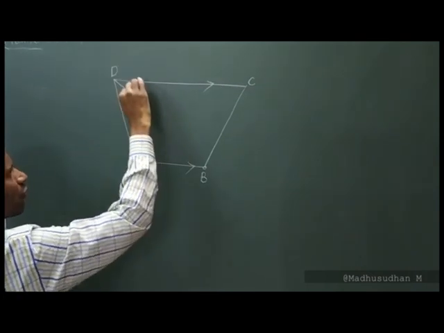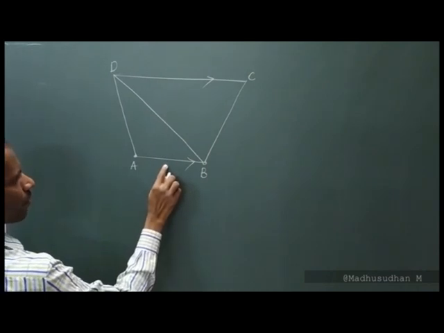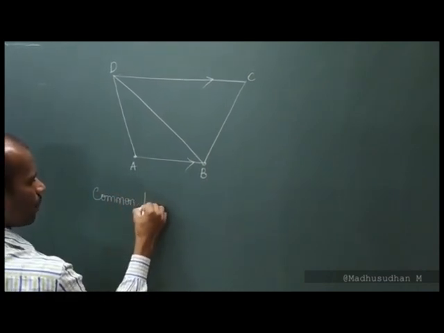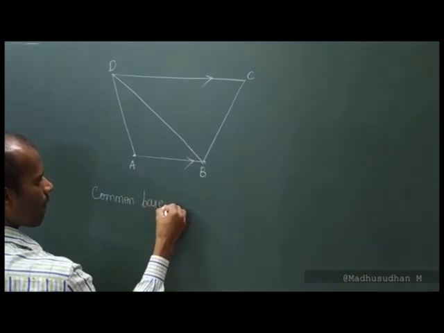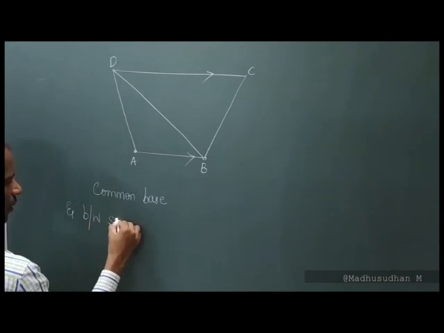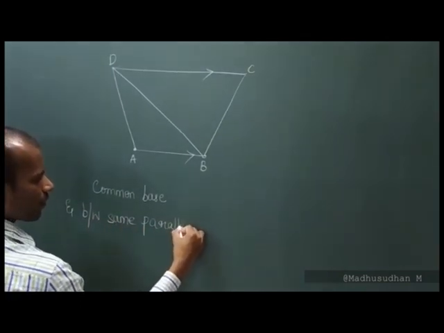So if I can join this with this base, right, between the common base and between the same parallels. Which are the parallels here?